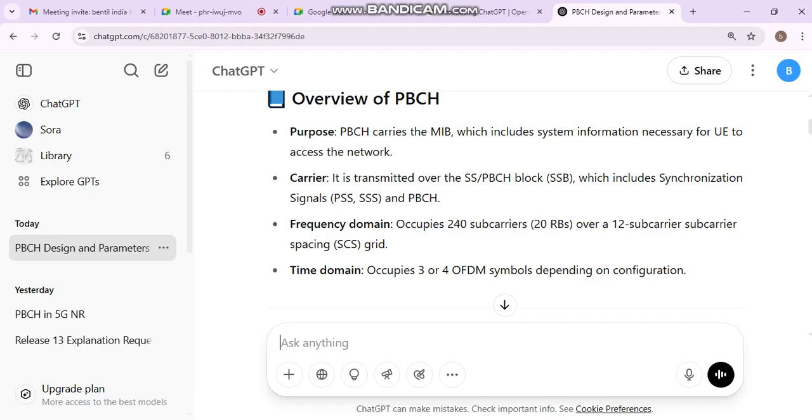Frequency domain: occupies 240 subcarriers, 20 resource blocks over a 12 subcarrier grid. Time domain: occupies 3 or 4 OFDM symbols depending on configuration.